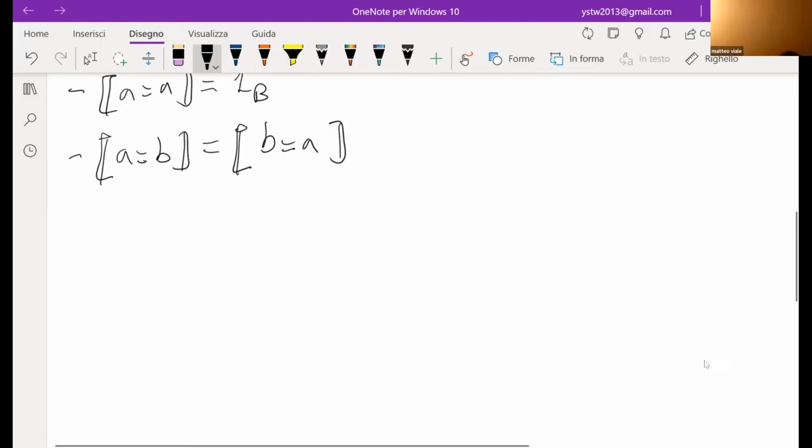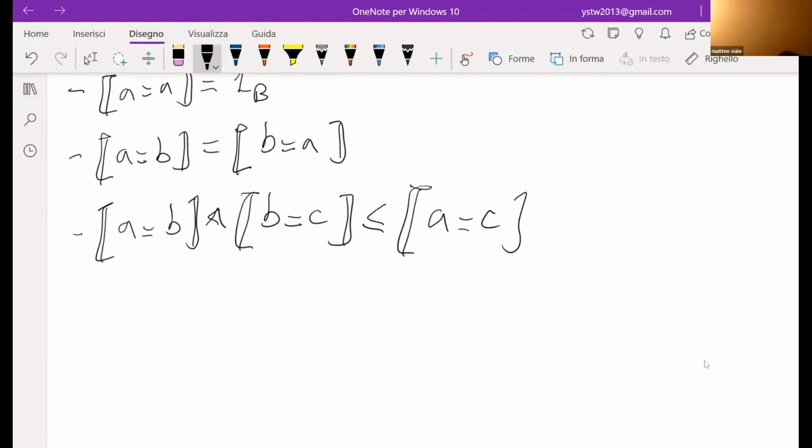And also we need that equality commutes with the relations, so that there is a congruence between the relation symbols and the equality.